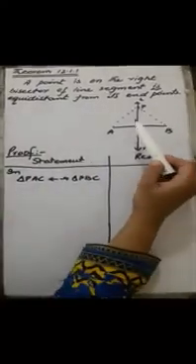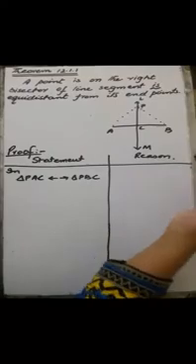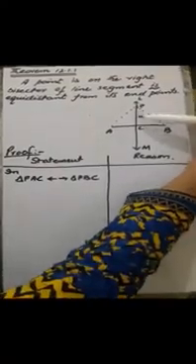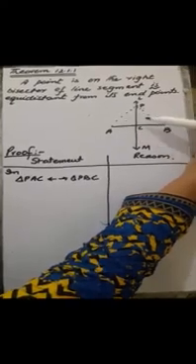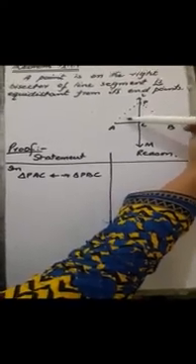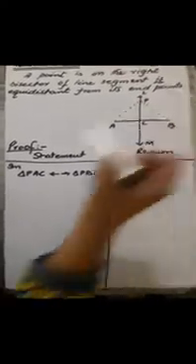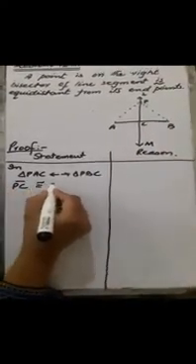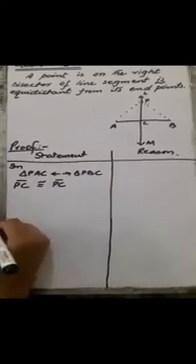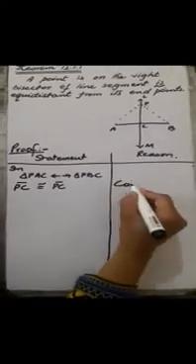Now we will check what these 3 elements are. Number 1, you can see that this is PC. PC side is present in both triangles, included in this triangle as well as in this triangle. We can write PC is congruent to PC. And what is the reason? Because it is common.